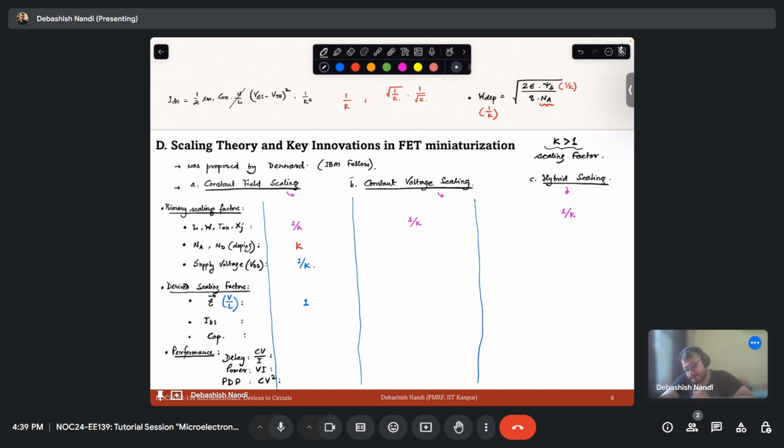And your Cox will be scaled by K, and area will be 1 over K square. So your current also scales by 1 over K, okay?